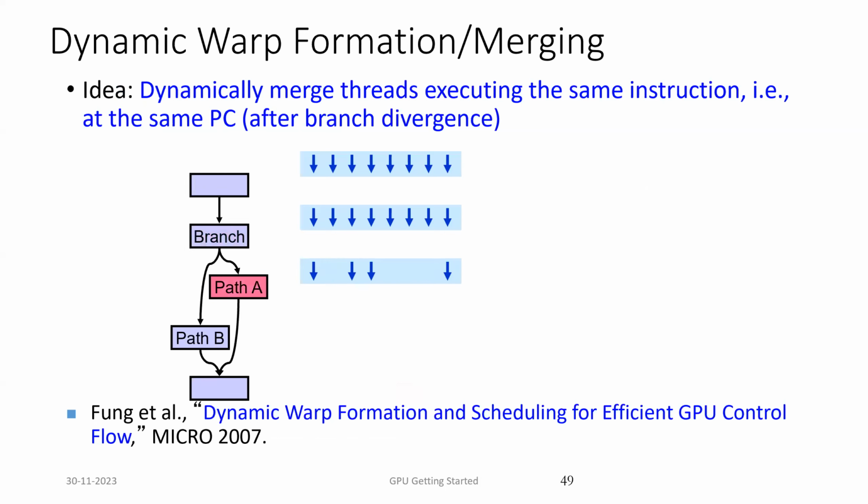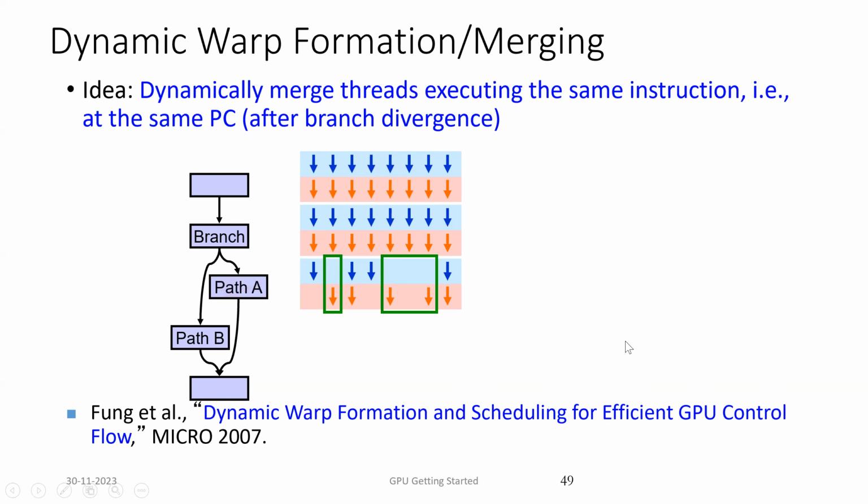Again, an example. Let's say this is one warp, where 4 threads were taking path A and 4 threads were taking path B. And in the same way, we can have one other warp. They will also face a similar situation, where here we have 5 threads from this orange warp that are executing path A, right?